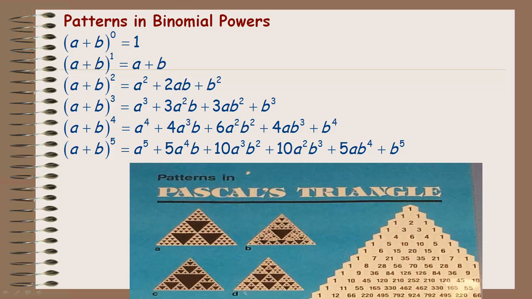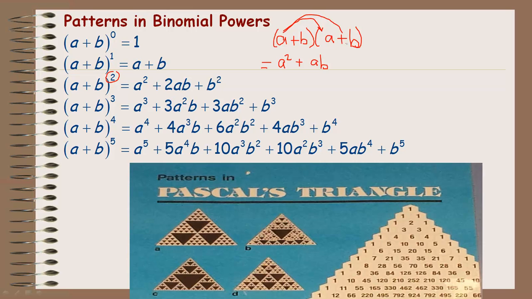Now, if I want to go a plus b squared, the long way to do this, a plus b squared means you have an a plus b times another a plus b. So you're multiplying two of them. Hence, the exponent is 2. If you multiply these together, remember you multiply everything in one by everything in the next. So we would go a times a is a squared. A times b is an ab.